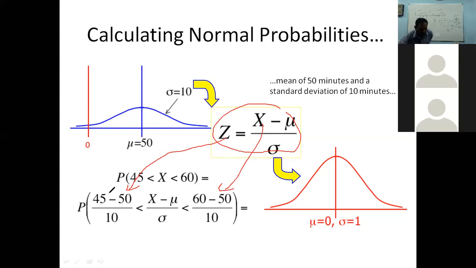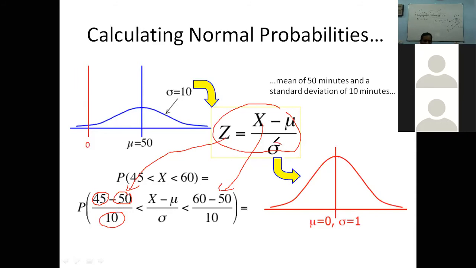We are converting the probability of X. For the lower X value, we take X minus mu, where mu is 50, divided by sigma.